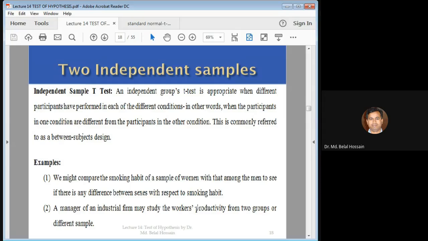An independent groups t-test is appropriate when different participants have performed in each of the different conditions. In other words, when the participants in one condition are different from the participants in the other condition. This is commonly referred to as a between subjects design.